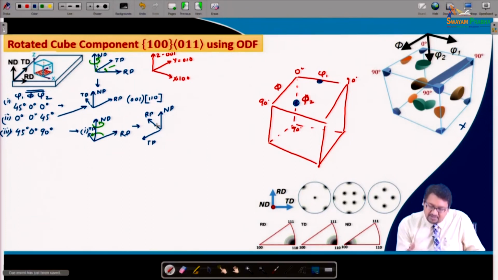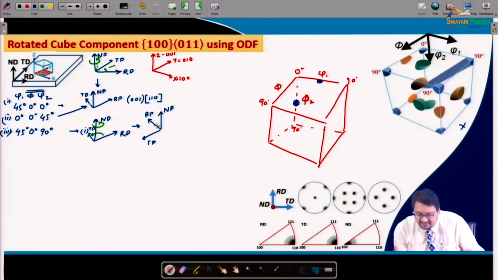So, we could keep the specimen reference directions parallel to the important crystal reference directions, the 100s. So, you see the 45 0 90 degree component will form at phi 1 equal to 45, phi equal to 0 and phi 2 equal to 90 degrees, and that is here.